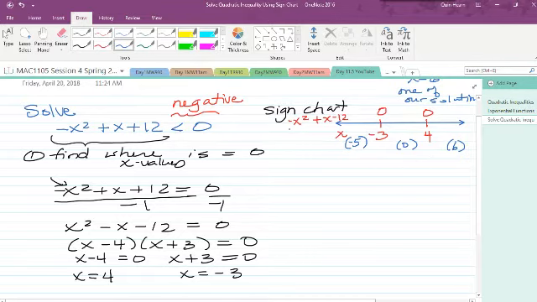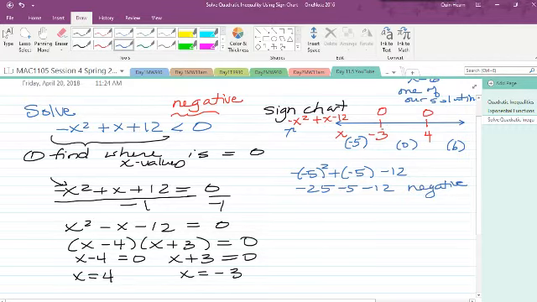So you can plug those into the expression to see if you get positives or negatives. In our expression, plugging in -5 for x, we would have the opposite of -5 squared plus -5 plus 12. We just want to know, is that going to turn out to be positive or negative? Well, that's going to be -25 minus 5 plus 12, which is definitely going to be a negative number.